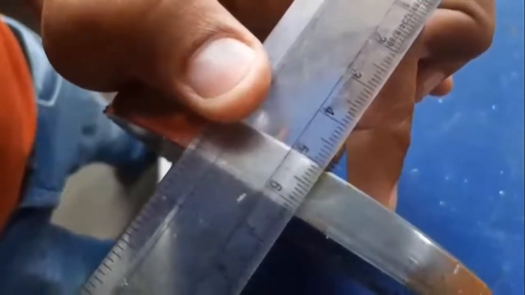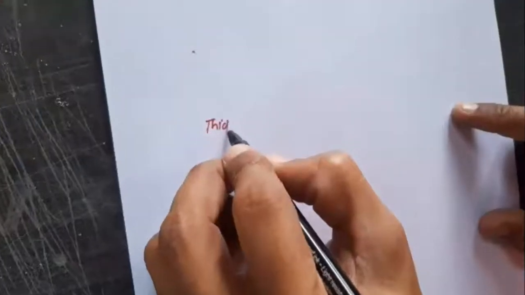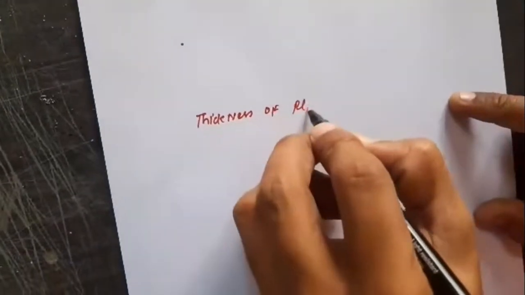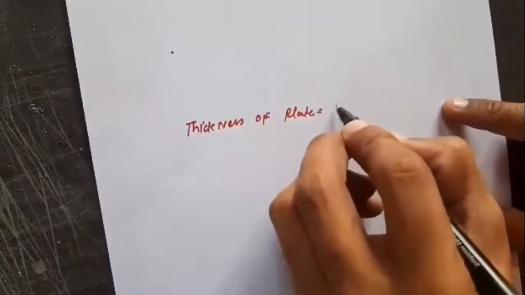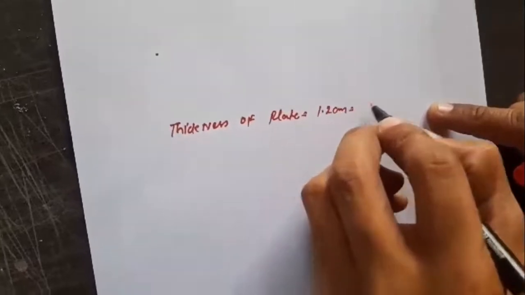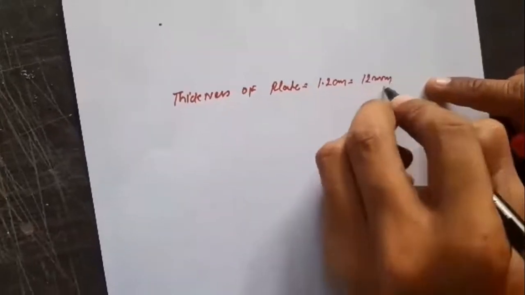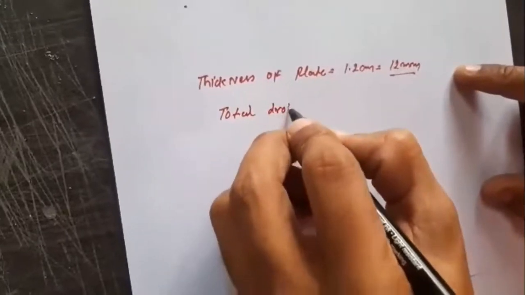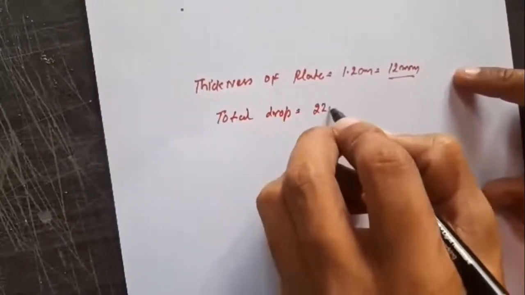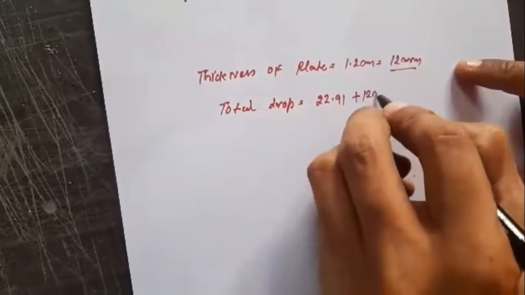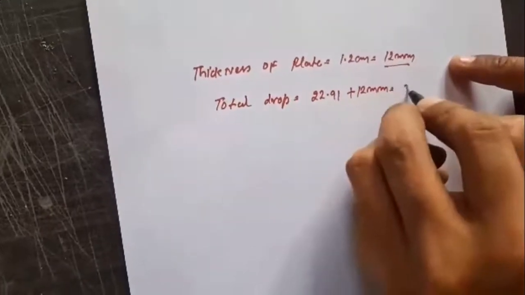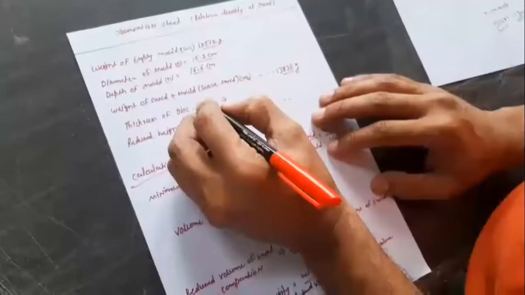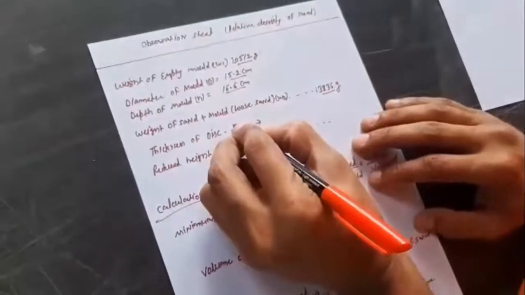So measure its thickness and note it down in the observation sheet: thickness of plate is 1.2 centimeter, nothing but 12 mm. Total drop is the dial gauge reading plus the thickness of plate, which is 22.91 plus 12 mm, comes out to be 34.91 mm.